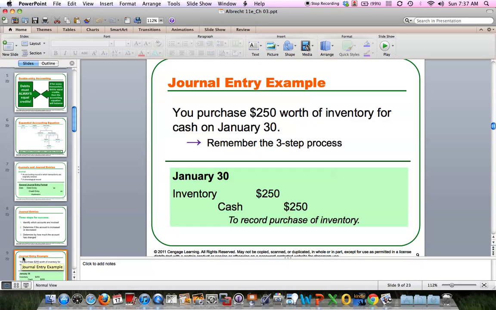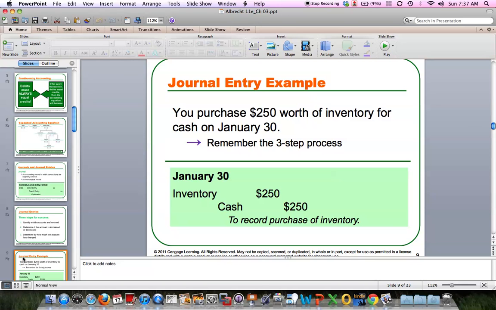Here's an example. Let's say we're going to purchase $250 worth of inventory for cash on January 30th. Remember the three-step process. We're going to buy inventory, that's an asset. If we're purchasing an asset, it's going to go up, so now we have more asset. But what am I giving up to acquire the asset? I'm giving up cash.